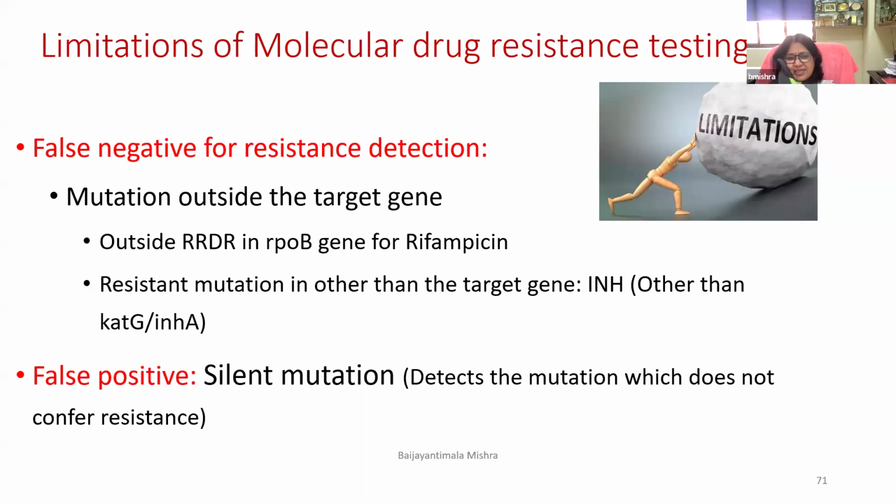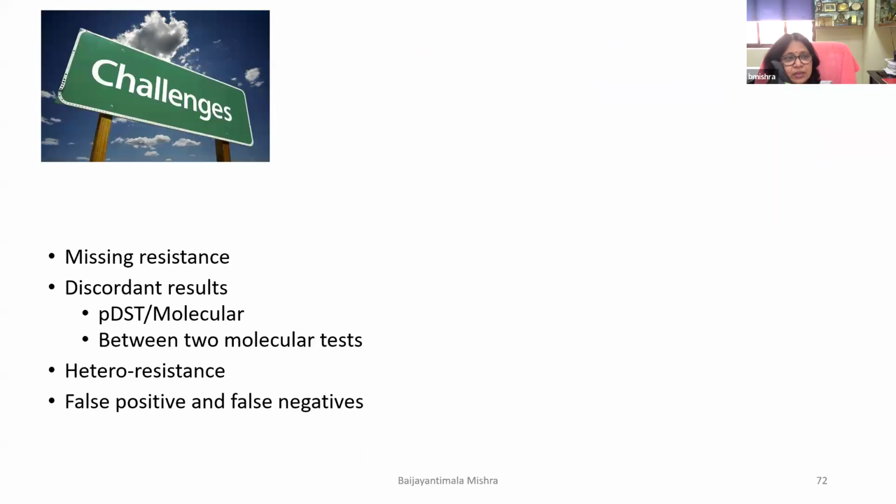So what all target genes are there is very important to know, and at the same time what type of mutation confers the resistance. False positives can occur where there is a silent mutation. Mutation is there, but it is not responsible for conferring the resistance. So these challenges are there: missing resistance, discordant results between phenotypic and molecular, or between any two molecular tests, detection of heteroresistance, and handling false positives and false negatives.